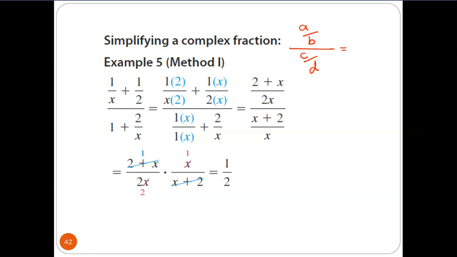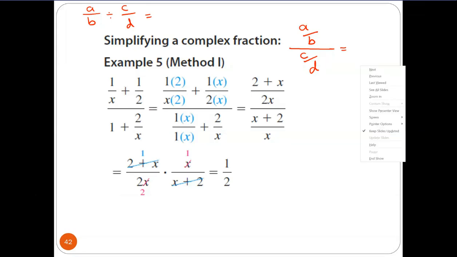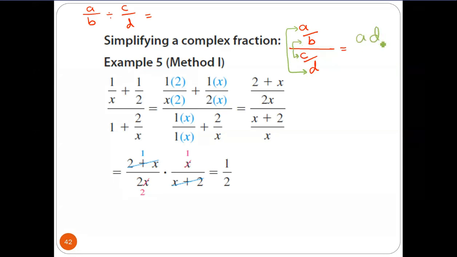Fraction over fraction is the same as A over B divided by C over D, but in another form. Here we can multiply A with D and B with C. So the result is AD over BC directly.